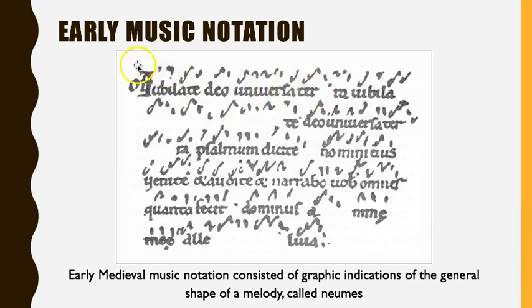And above that, we've got what are called neumes. These are basic graphic indications about the shape or the contour of a melody. So this neume right here, for example, would indicate that this line is rising, but other than that, it doesn't really give us any specific rhythm or pitch. This was a development that took place over the course of about 1,000 years.